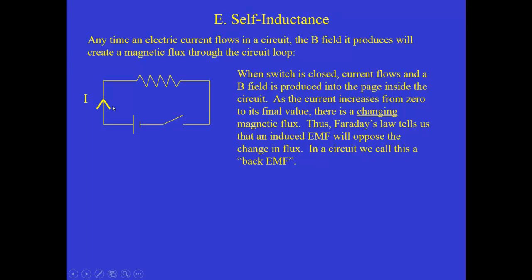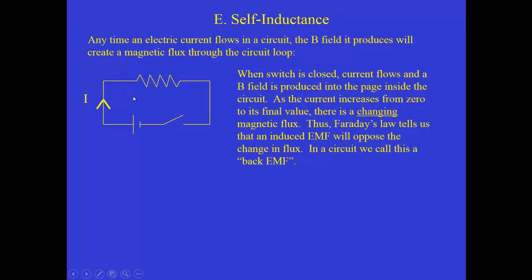And here's the important point. As the current increases from its initial value of 0 to whatever its final value is, given by Ohm's law, there's a changing magnetic flux through that circuit loop. Therefore, Faraday's law says there will be an induced EMF that opposes the change in flux.